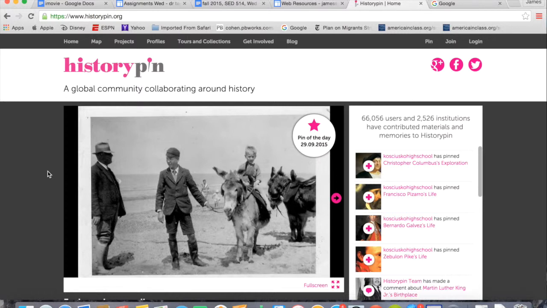It allows you to place a pin on specific areas and put pictures and information of either recent events or events that happened a long time ago. It's a good way for students to learn about areas that are close to them, or if you're learning about something in a history class, you could search an area that you've learned about and see what it looks like today or see pictures from older times.